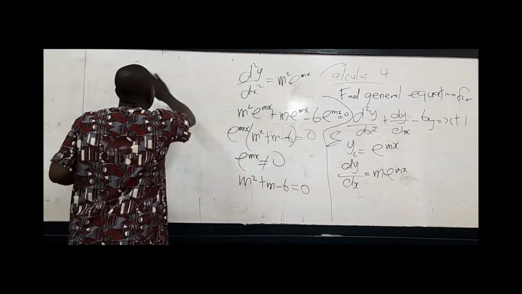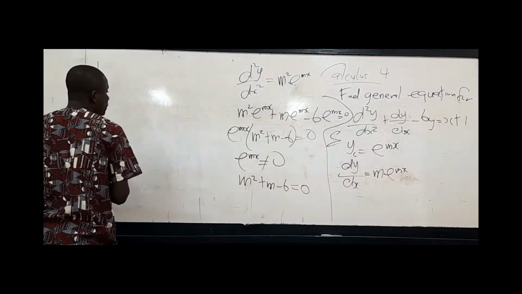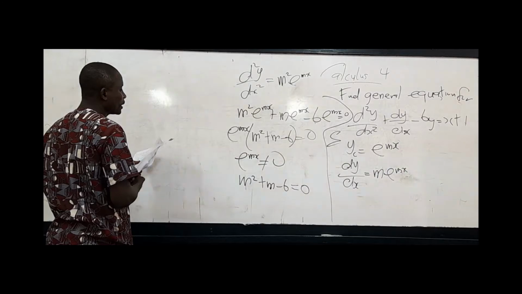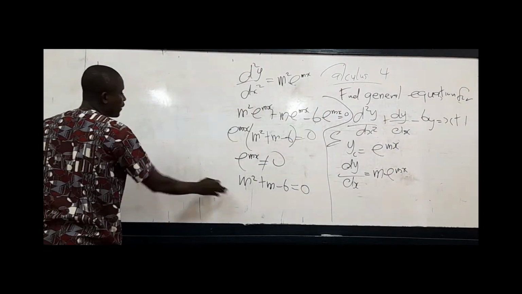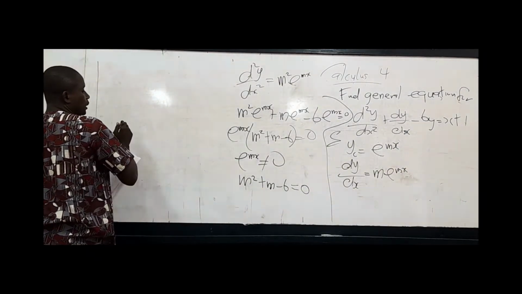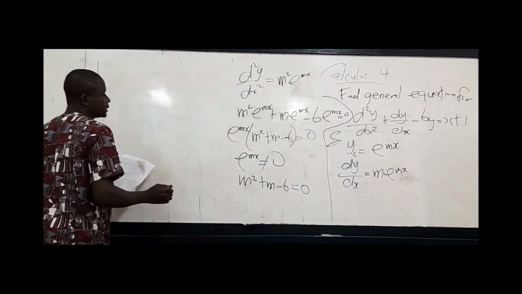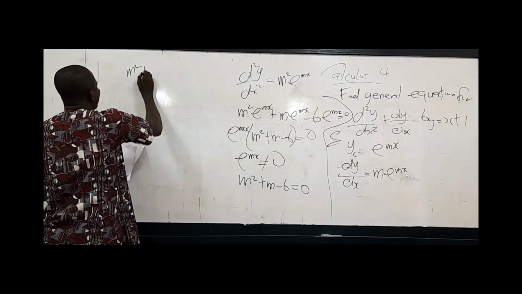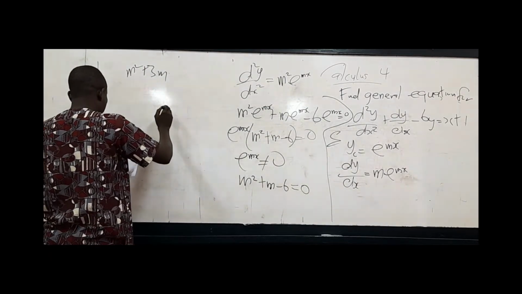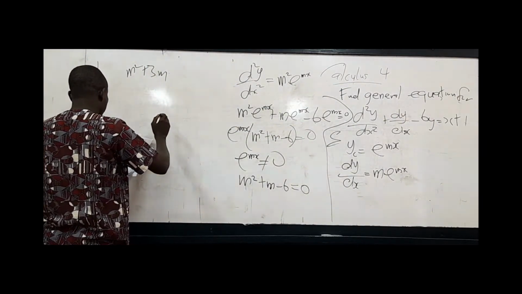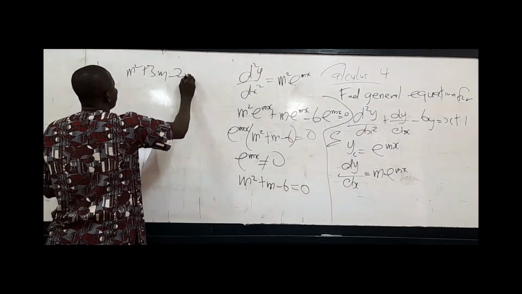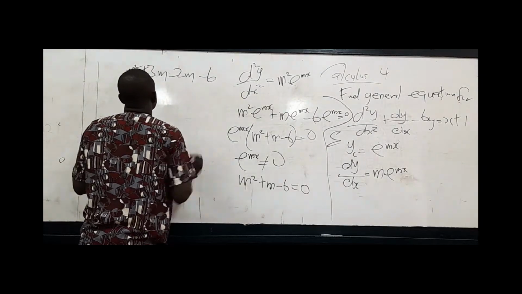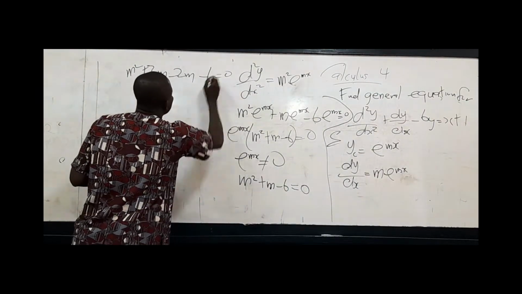Under the algebraic expressions, I taught you how to factorize. So over here, in factorizing this one, you multiply this by that, so it becomes m squared plus 3m minus 2m minus 6, equal to 0.